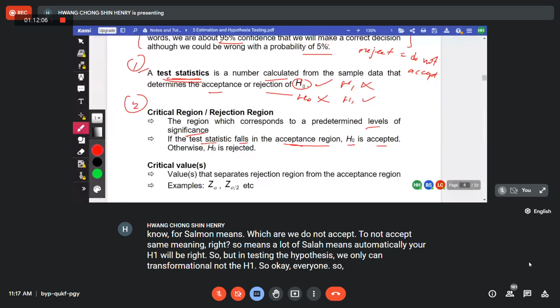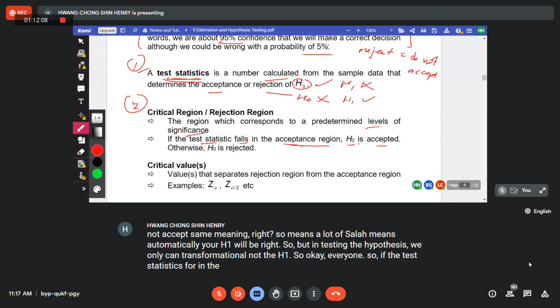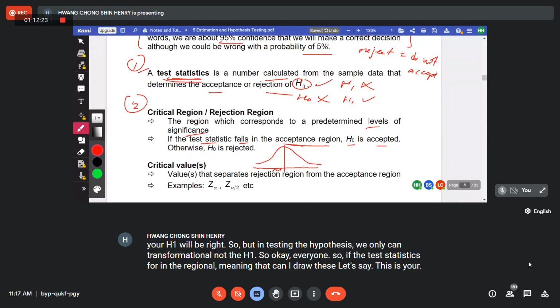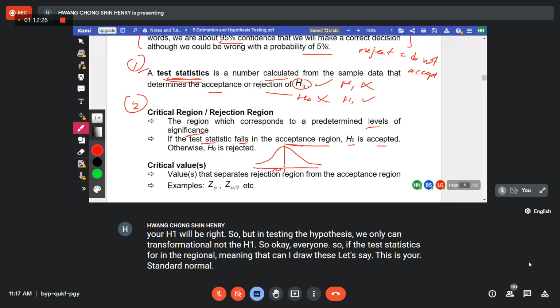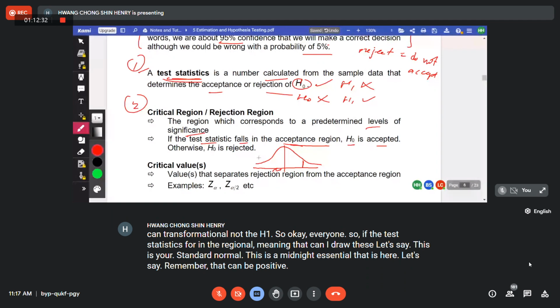So, if the test statistics fall in the rejection region of H0, meaning that, can I draw this normal curve again? Everyone? Let's say this is your standard normal. This is the mean, right? Let's say your Z is here. Remember Z can be positive, can be negative. Let's say your Z is here with the value alpha.